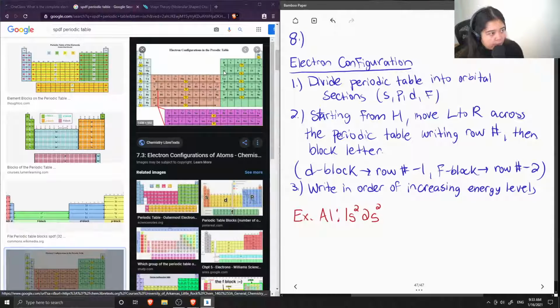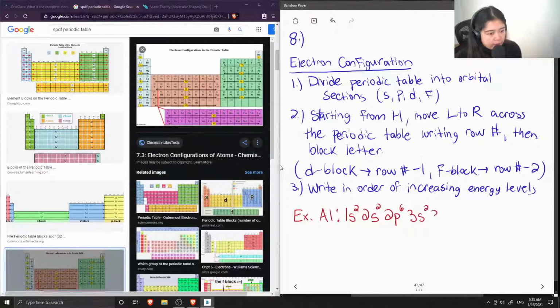And then we move across to P: 2p6, and then the next row is 3s2, and then we go 3p and count to see where aluminum is. So aluminum is right there, so we just need to say 3p1. And now we have the electron configuration for aluminum.